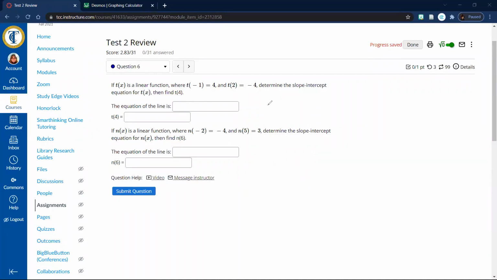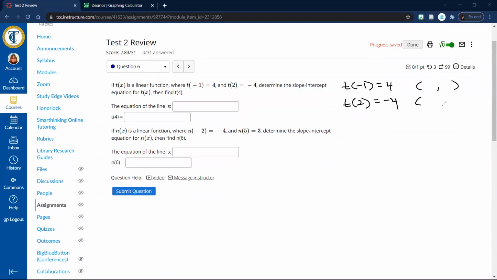So let's go ahead and do the first one at least. What are our 2 points based off of this? If it says t of -1 equals 4 and t of 2 equals -4.